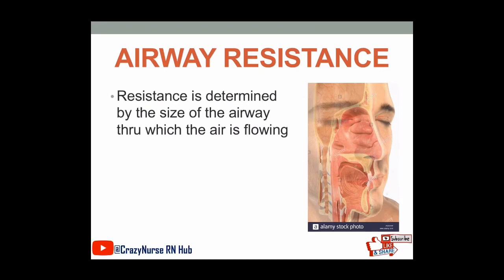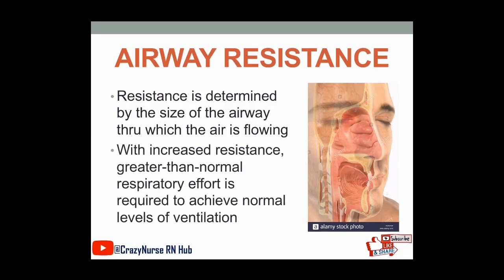Resistance is determined by the size of the airway through which the air is flowing. With increased resistance, greater than normal respiratory effort is required to achieve normal levels of ventilation. For example, if the patient has airway obstruction, that means there is greater or increased resistance.